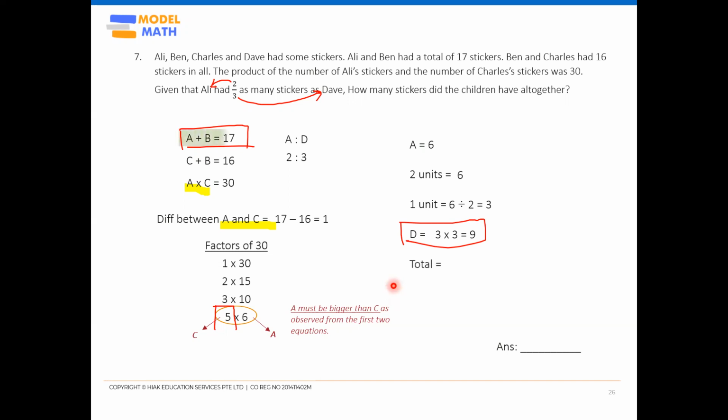So 17 is A and B together, 5 is C, 9 is D. Just add them together and that will be your total for all 4 of them, which answers the question.